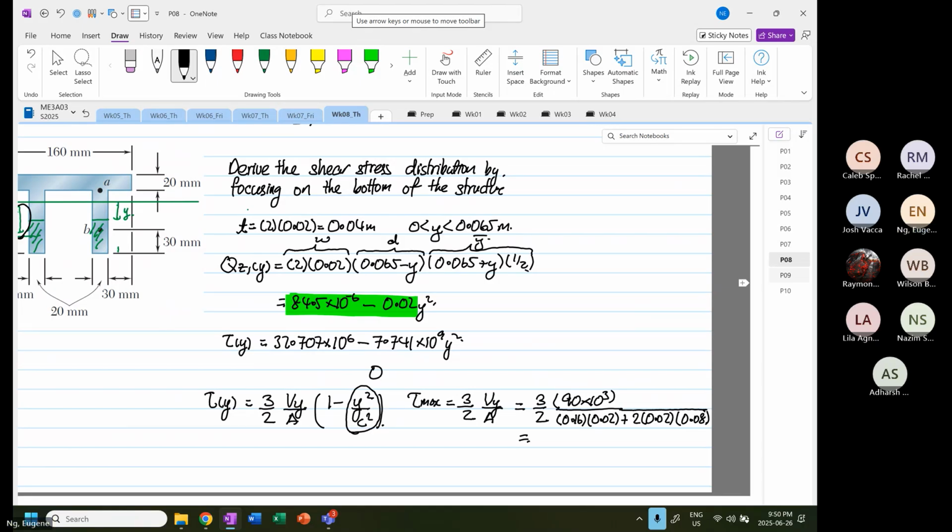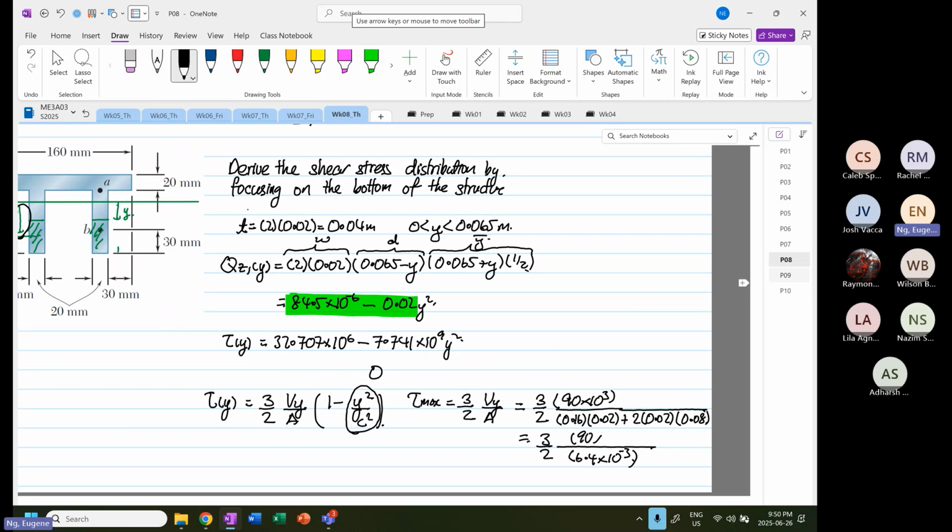Okay. Hold on. Wait. Something is not right. 0.16 times 0.02. Right. Plus 2 times 0.02 times 0.08. Right. So it's 6.4 times 10 to the power minus 3, right?